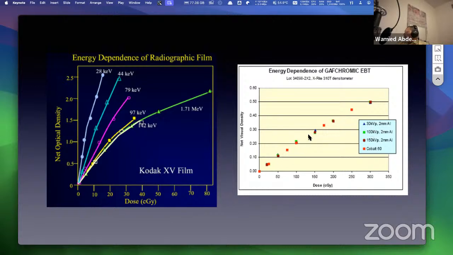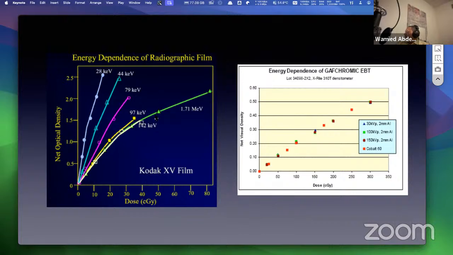And based on the data, these curves are energy independent. So it doesn't matter which energy we use to deliver the dose, this is the response of the film.